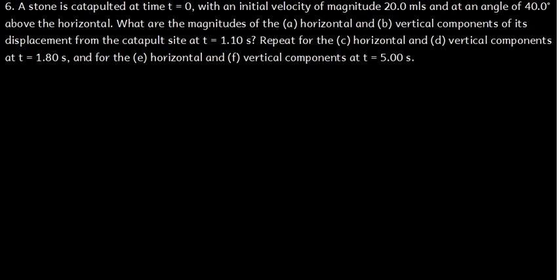Repeat for the vertical component at t equal to 1.01, and for the horizontal and vertical components at t equal to 5.00 seconds. Okay, so in short, they want us to find the vertical and the horizontal displacement, the magnitude.